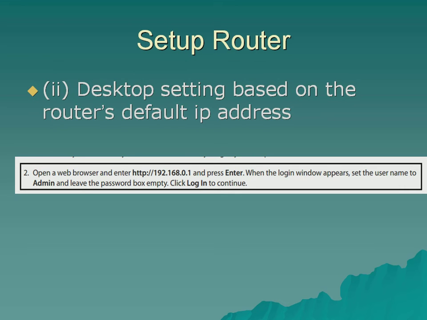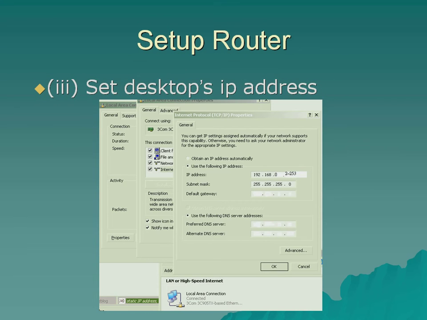Okay, we can see the D-Link menu, and we found the default IP is 192.168.0.1. That means you can set up your laptop or desktop in the same domain, and you can configure it.